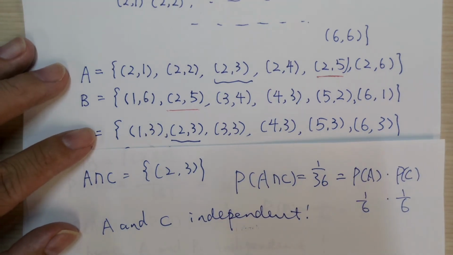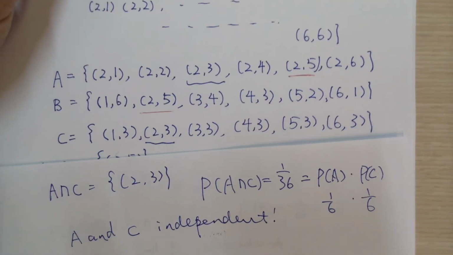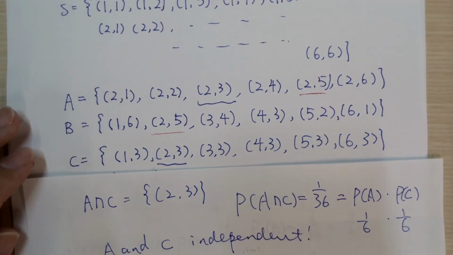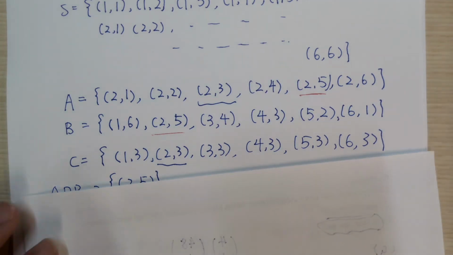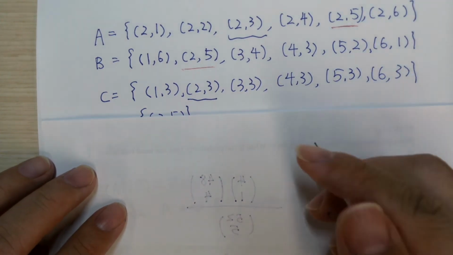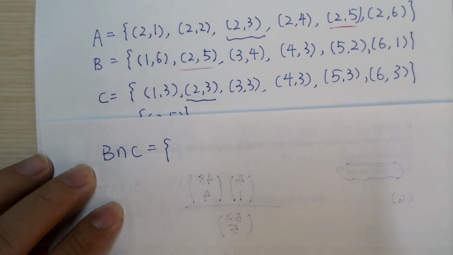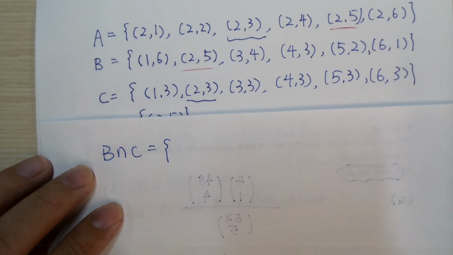Okay. Now keep going. What about B and C? We're looking for B and C. So B intersect C. Let's start doing the counting here.